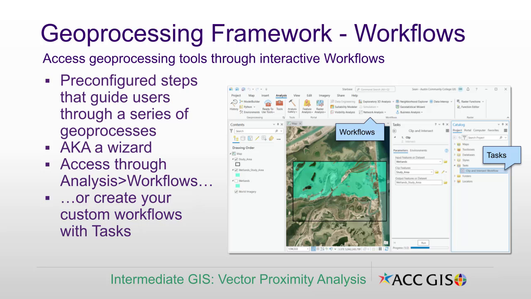But you can also create your own custom workflows utilizing tasks. And I've created a task called clip and intersect workflow with 2 steps, first clip and then intersect, and it interactively guides the users through this process. Workflows are a great way to standardize a process that includes a lot of geoprocessing steps.